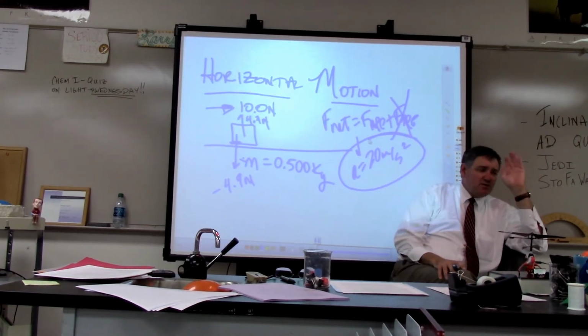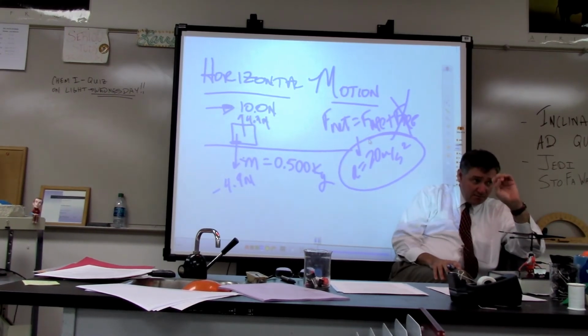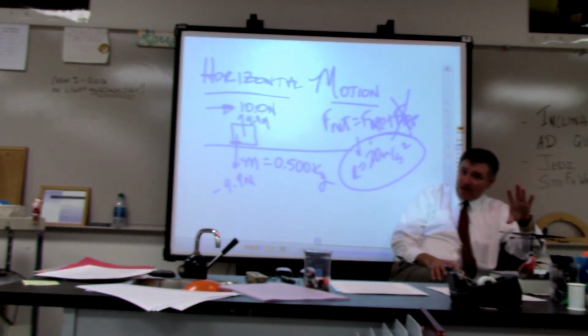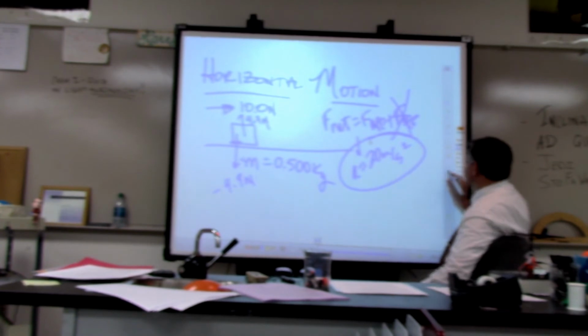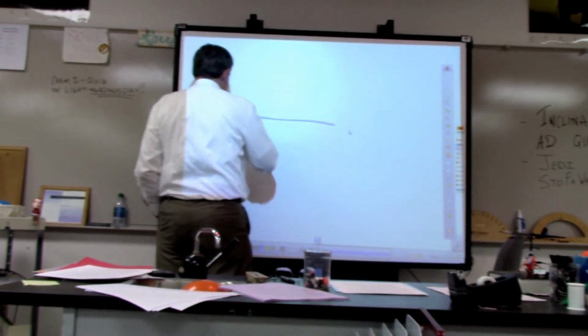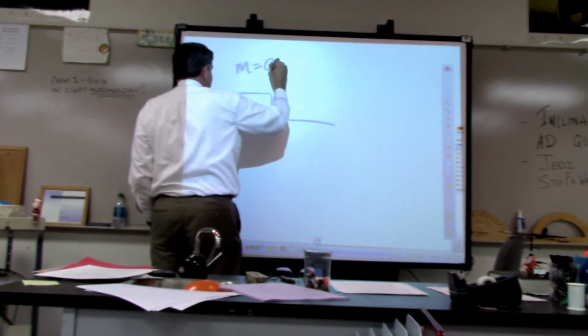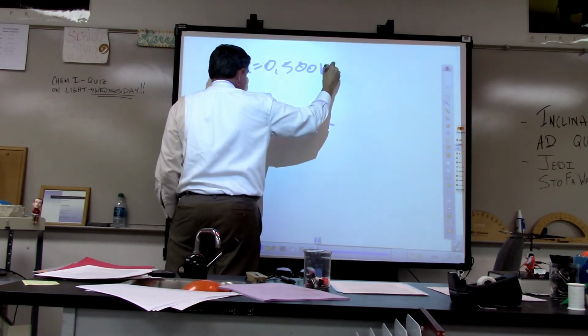Easy peasy. So if you're not given anything about horizontal friction, you just take that net force, you divide it by the mass, there's your acceleration. However, what if I told you this? Same box, still got a mass of 0.5 kilograms.